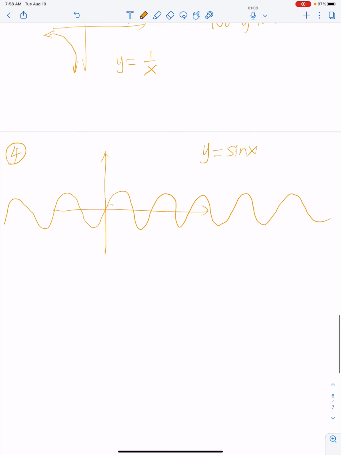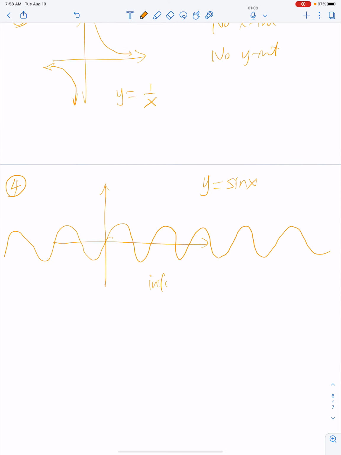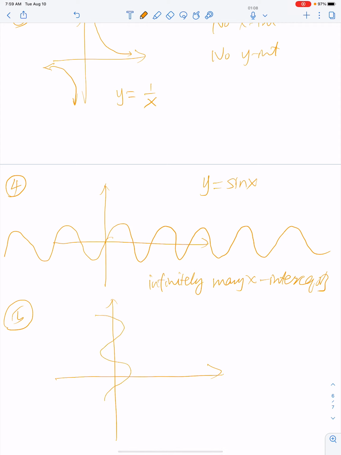Wow, infinitely many. And typically you can have infinitely many y-intercepts too.